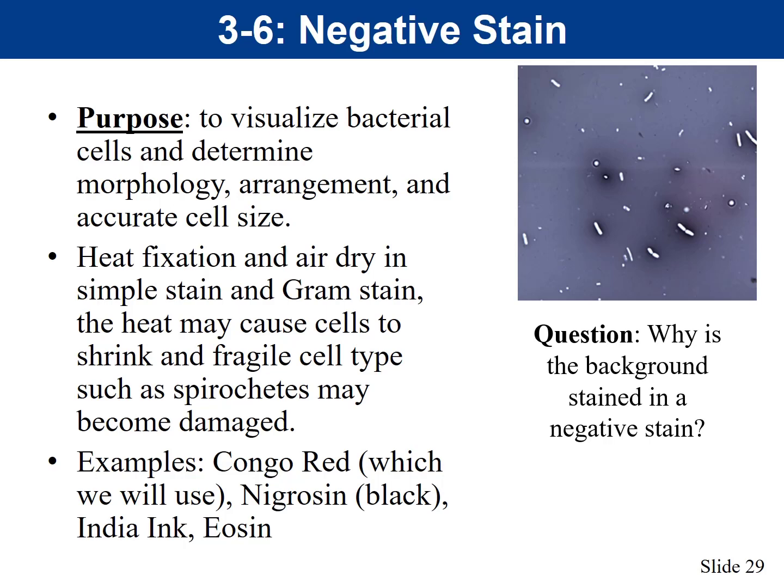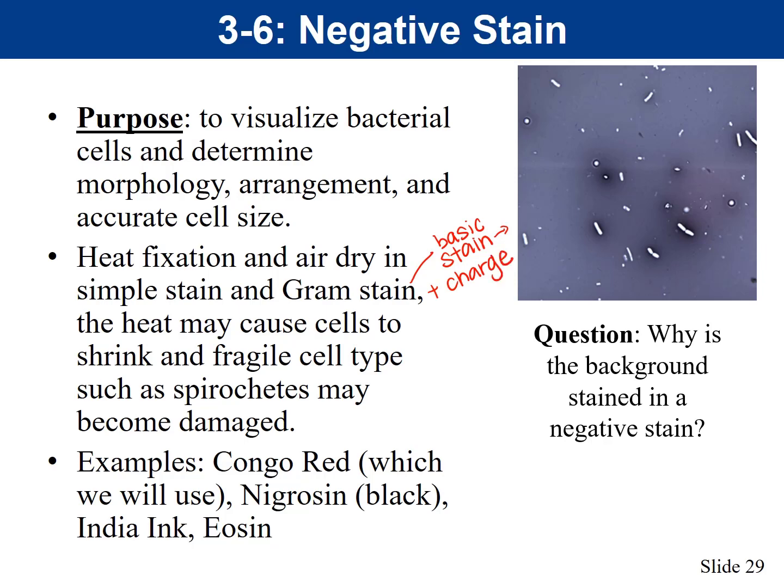Remember that a simple stain like a gram stain is also referred to as a basic stain. And in a basic stain, what charge would you find on the stain? The answer is that you would find a positive charge on the stain.